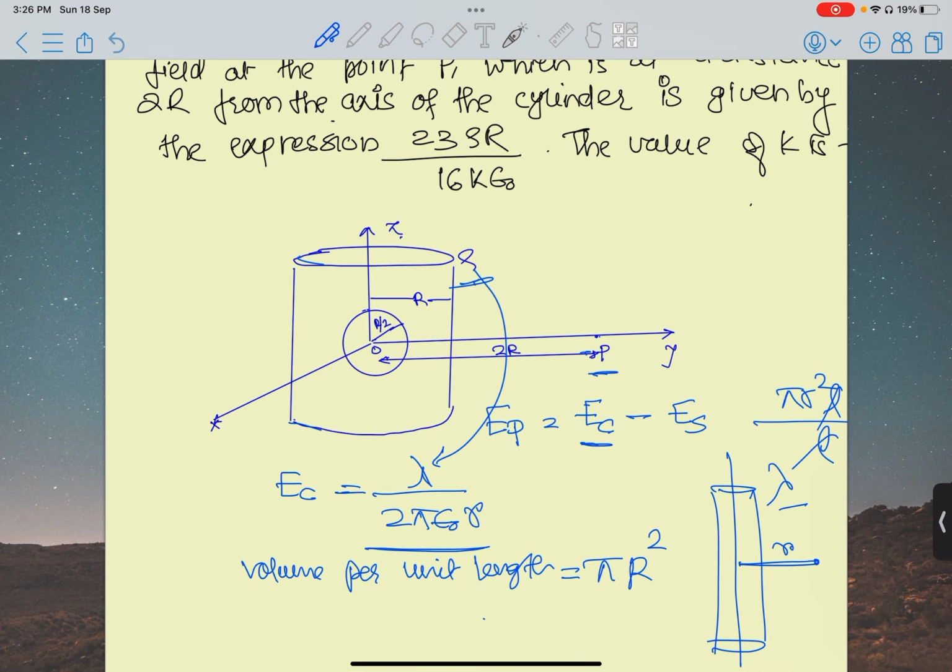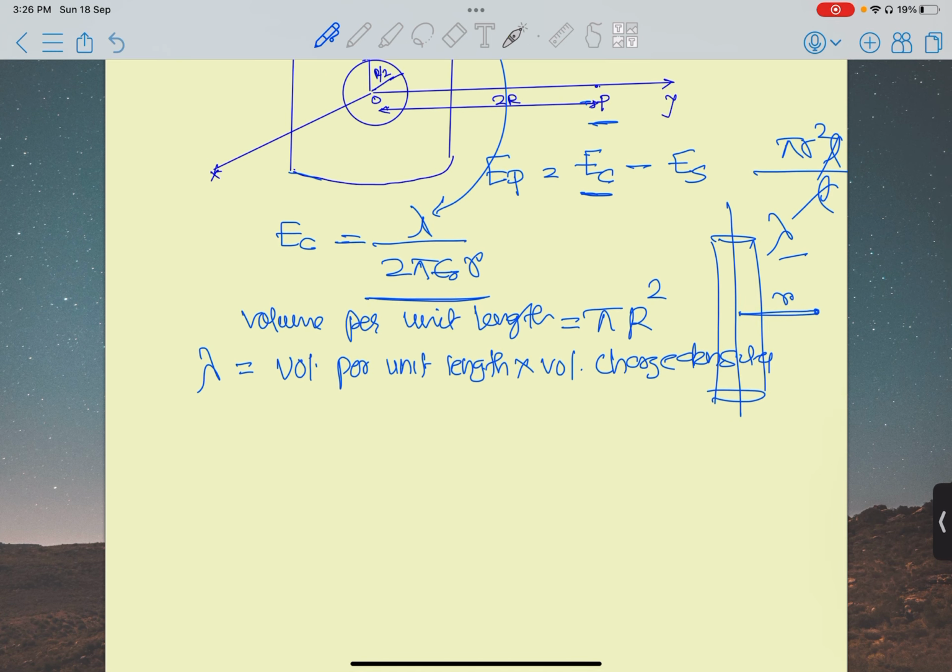Now what is lambda? How do we define lambda in terms of volume? It is volume per unit length into volume charge density. Now how did we arrive at this? See, what is the volume charge density? It is nothing but Q upon the volume of the cylinder.